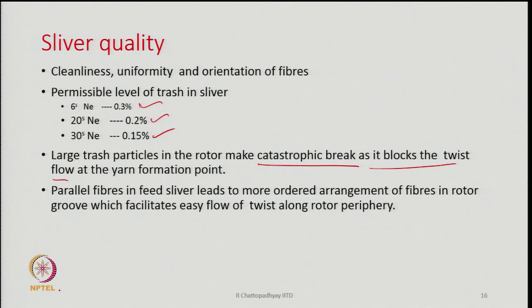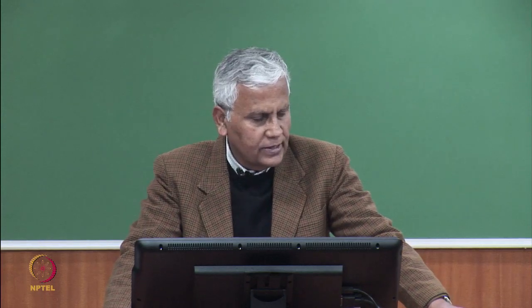The other thing is parallelization of fibers. Parallel fibers in feed sliver lead to more ordered arrangement of fibers in the rotor groove, which will facilitate easy flow of twist along the rotor periphery. This is the reason why we say that in the case of rotor spinning, we have to give at least one passage to the sliver, card sliver, because we need to make the fibers straight and parallel.